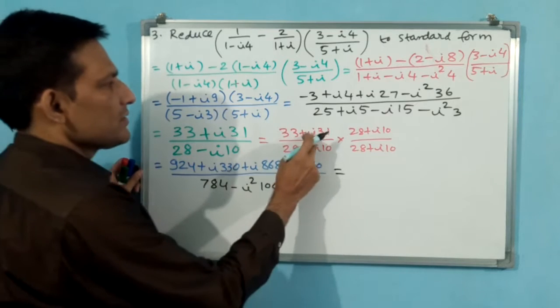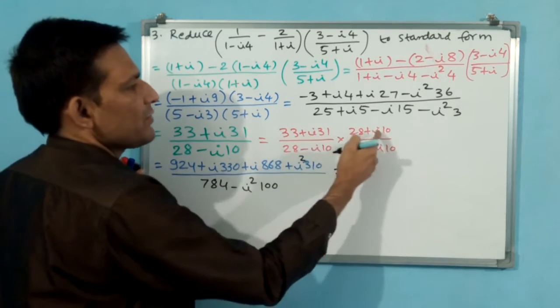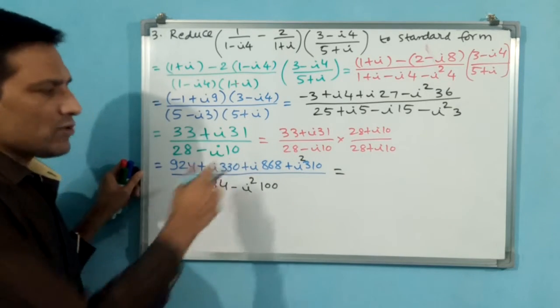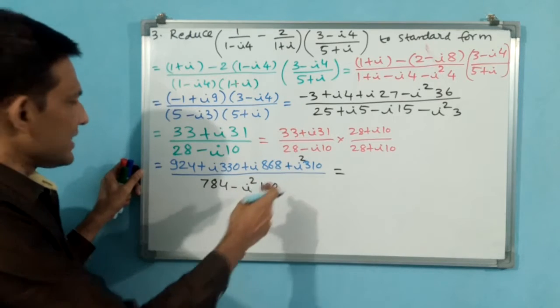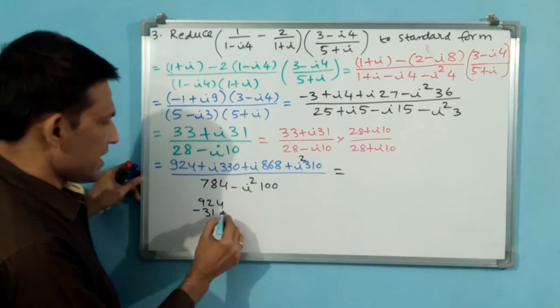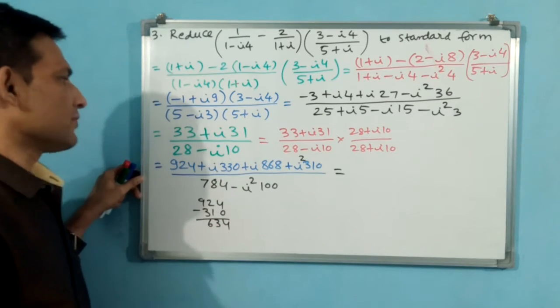Sorry, this one is 330 I square. I into I square 330. Okay, I square is minus 1, minus 330, 924, minus 330, 594. Is it okay?